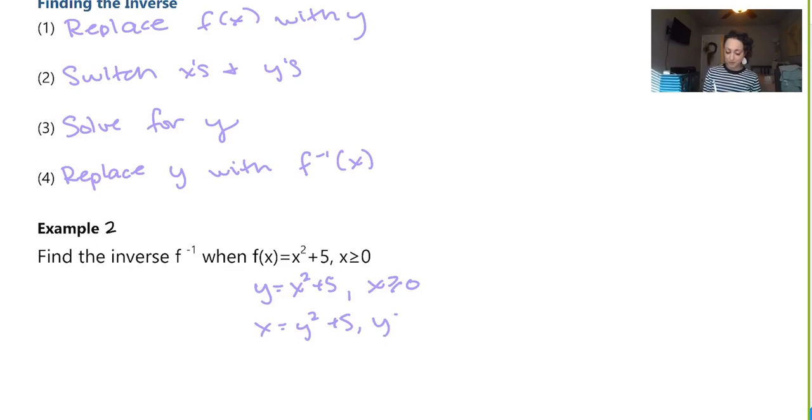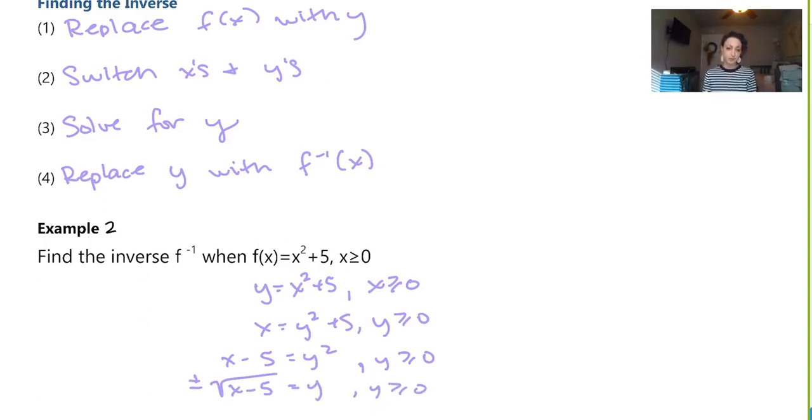And now this becomes y is greater than or equal to 0, right? And now I want to solve for y, so let's subtract 5. And then we need to square root, but be careful because when you square root, you do need a plus or minus, right? So I've got plus or minus square root of x minus 5 is equal to y.